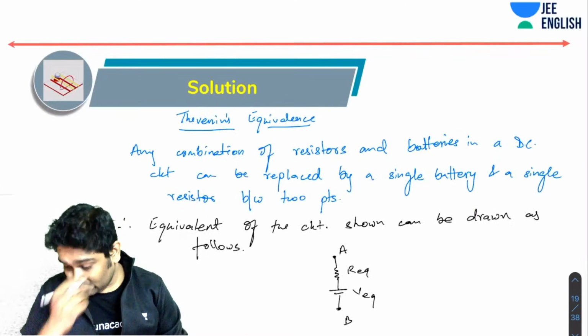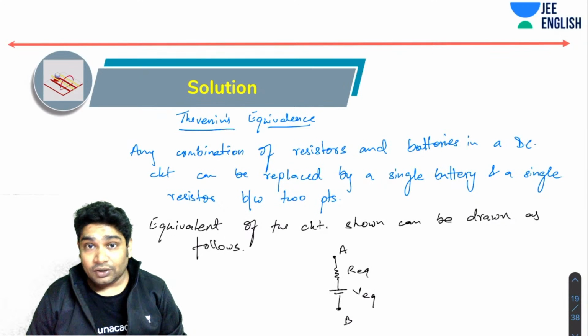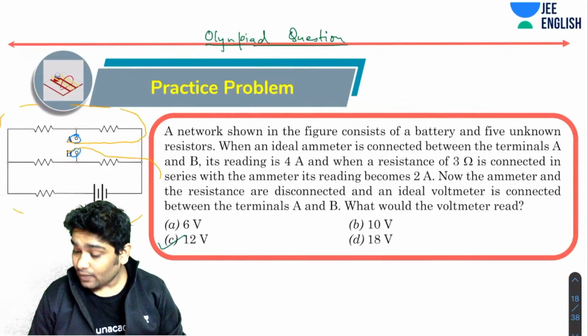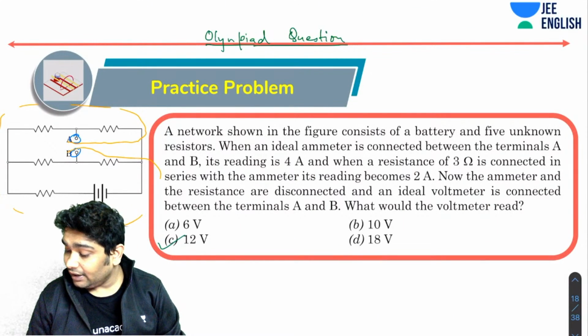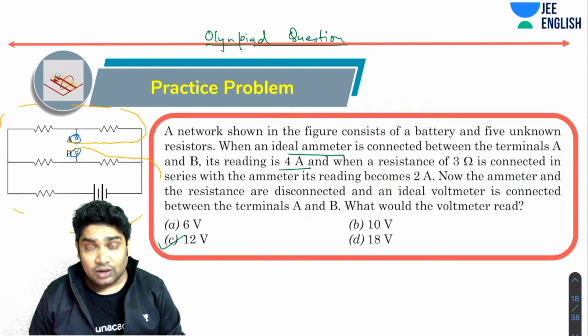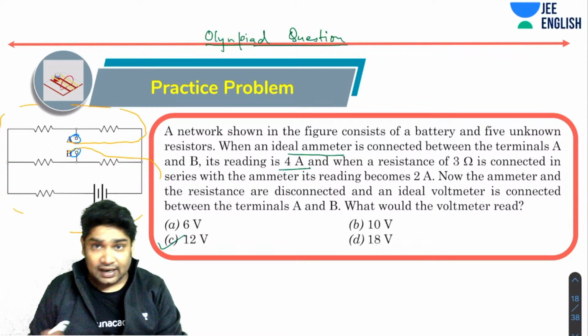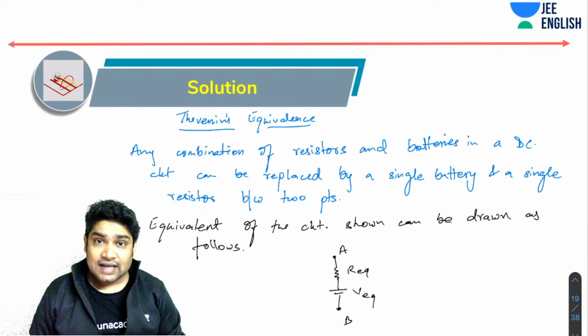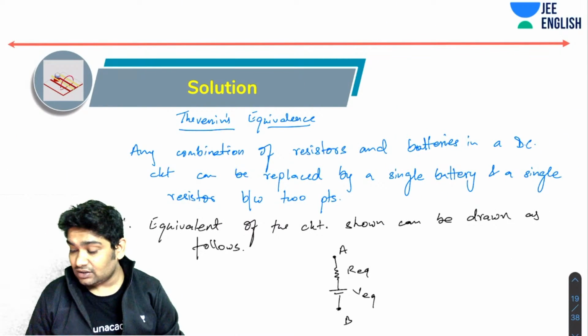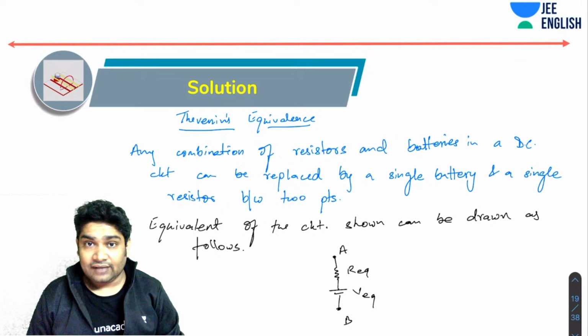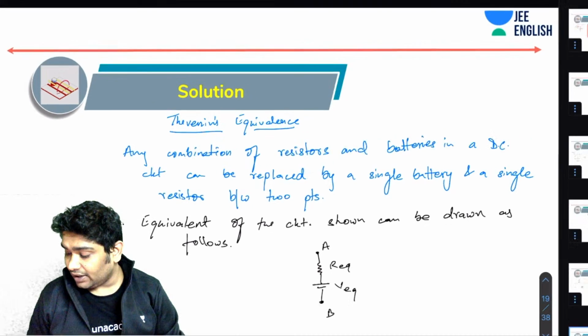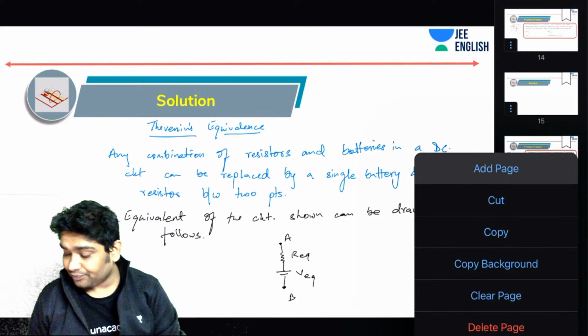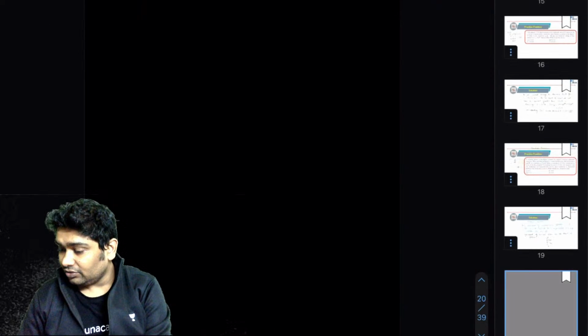Okay. So now what have you been told? You have been told that when an ideal ammeter is connected between terminals A and B, the reading is 4. So now I will forget about this circuit and think of this equivalence.